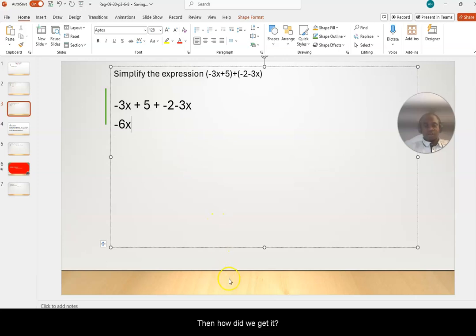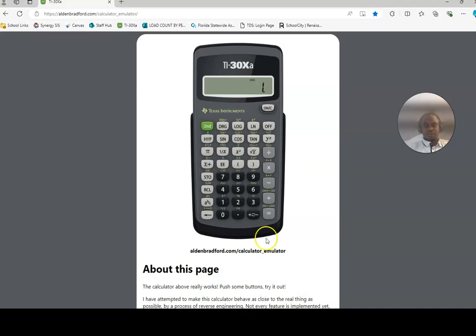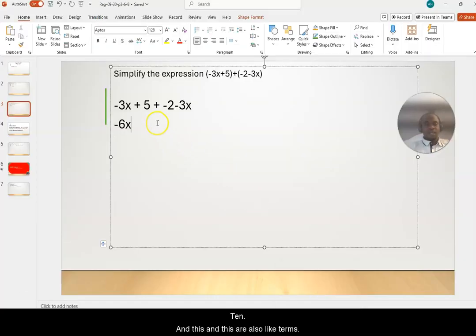Then how did we get it? Let's go back to our calculator. So negative 3x, how do I press it? I press 3 negative, minus 3, and that gives us negative 6x. Then this and this are also like terms, so 5 plus minus 2 is going to give us plus 3.